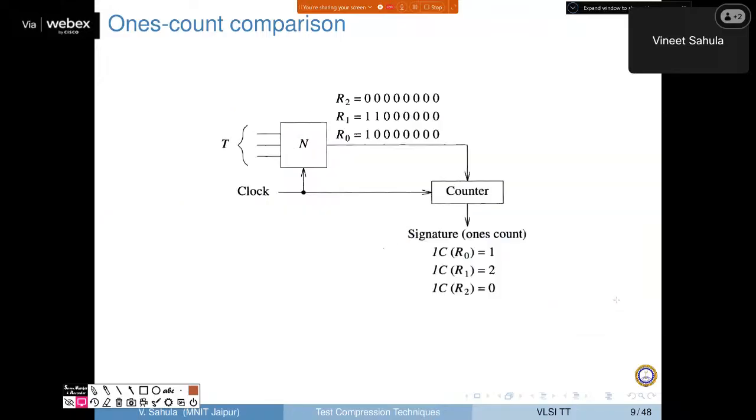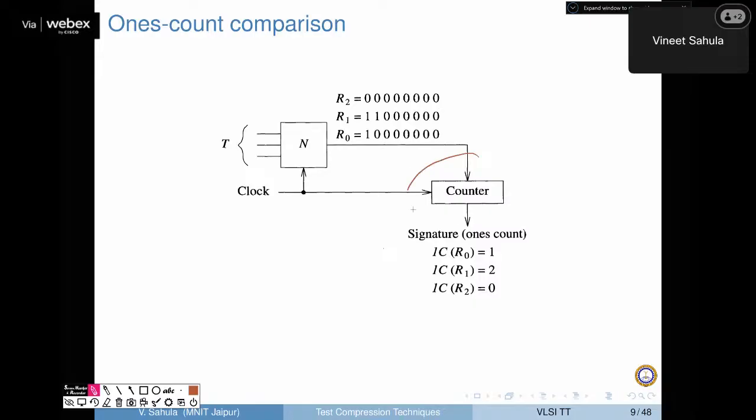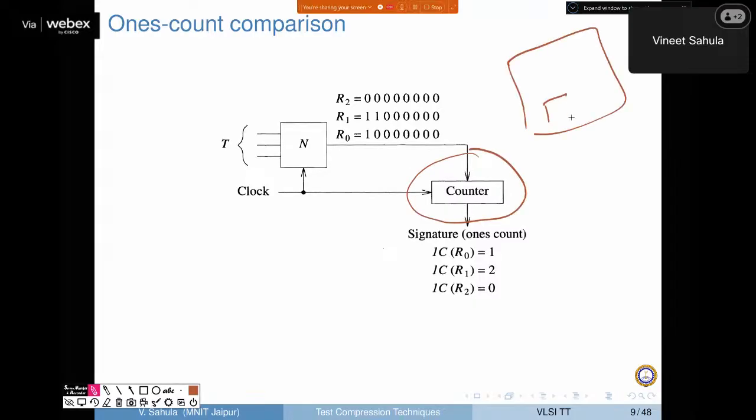So this could be a simple way of implementing. For your DFT, you need nothing, just a simple counter you can put on your chip, as an on-chip DFT. You just need to put this counter, which is a compressor. That's all, nothing else. It will keep counting the number of ones here. This will take about m clock cycles to compress, and then the output will be there.